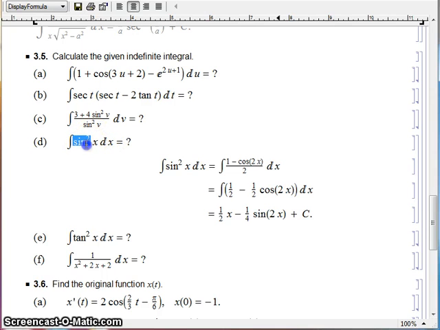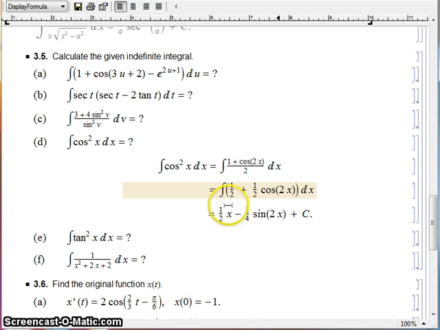Just for exercise, let's do the problem for cosine squared. What is the antiderivative of cosine squared? The power reduction formula works like this: 1 plus cosine of 2x over 2. Consequently, the only change is this plus, and applying those antiderivative rules, cosine becomes sine, and 2 is divided extra, so we have 1/4.